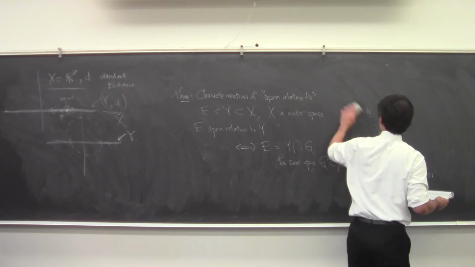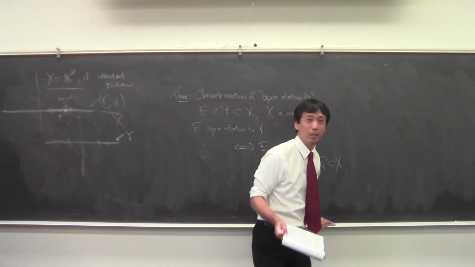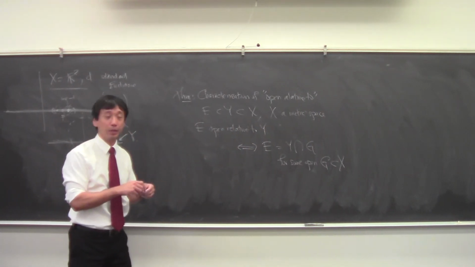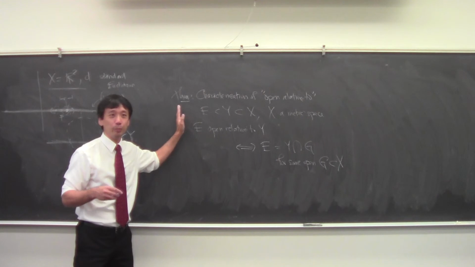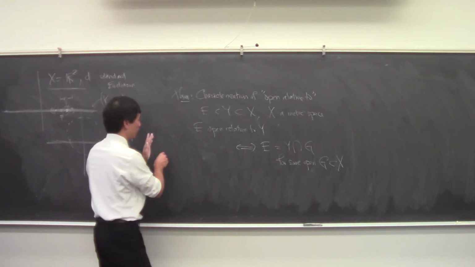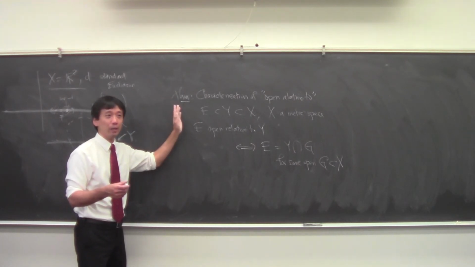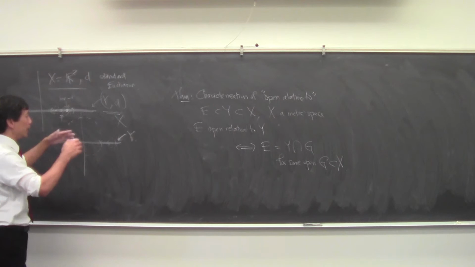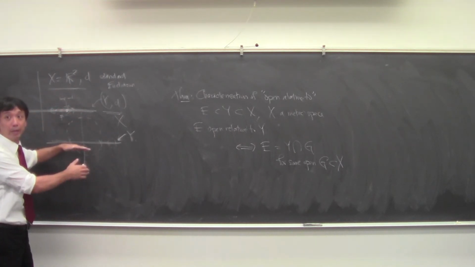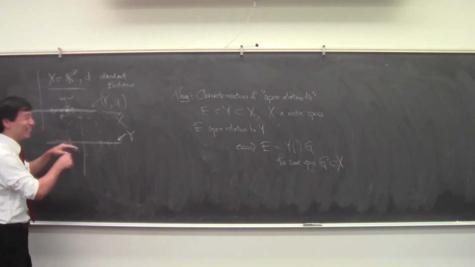Let's prove that actually. I was going to save that for later, but let's prove it. Is everybody following me? We're talking about this notion of open relative to Y, and what we're saying is that open relative to Y just means that you are the intersection of some set open with respect to X with Y. I'll say it again.